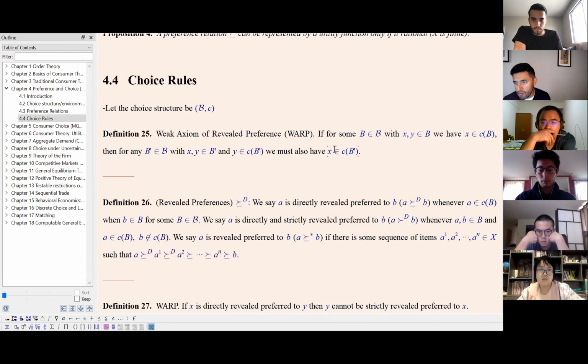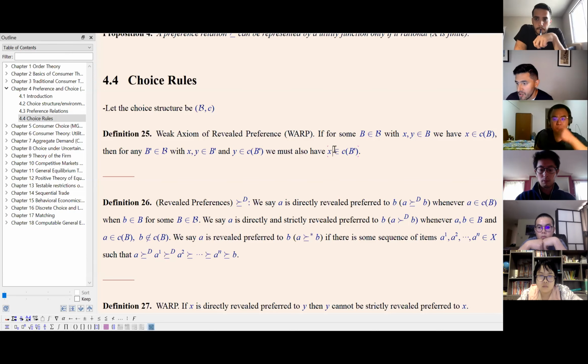Okay, it's a mouthful, right? So who got confused? I hope a lot of you got confused, but we're fine. We're going to be fine because we have the tools of revealed preferences. So if you translate this to revealed preferences, very easy, very, very easy. So the first time I read this in Mas-Colell I thought, what? If I have to memorize this, this is crazy, right?